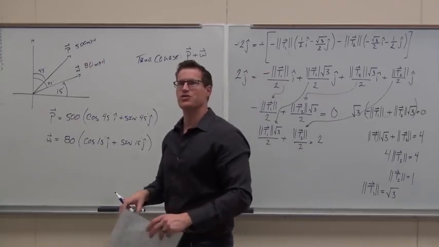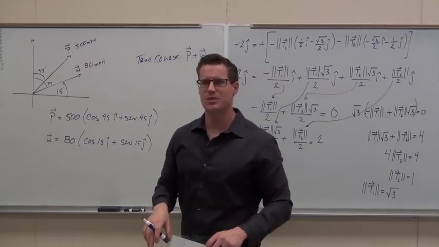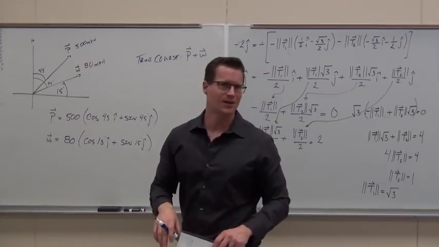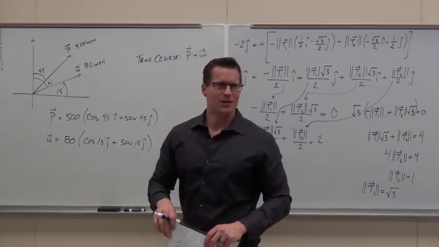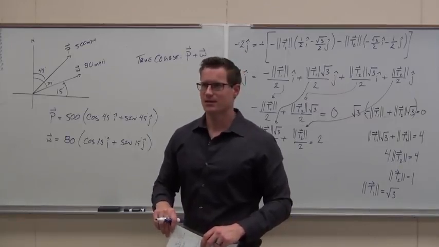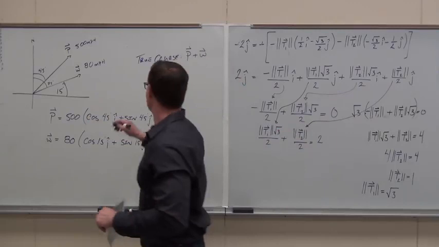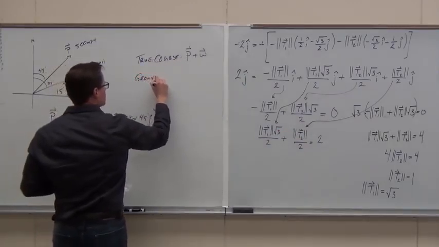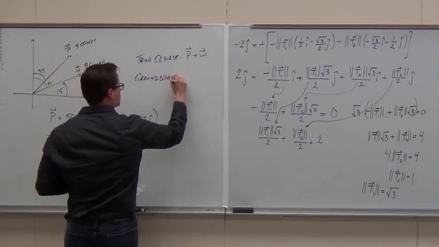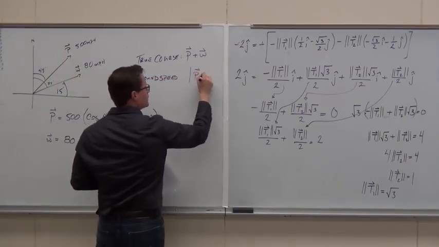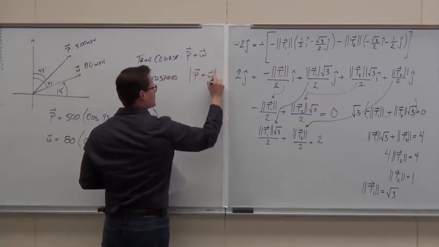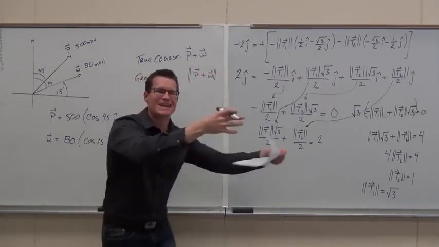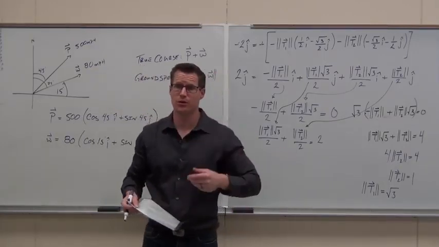If you wanted to find your ground speed, let's think about that. Speed does not have a direction to it. It's how fast you're really going. Ground speed, therefore, would be the magnitude of where you're really going. That's how fast you're going according to the ground.